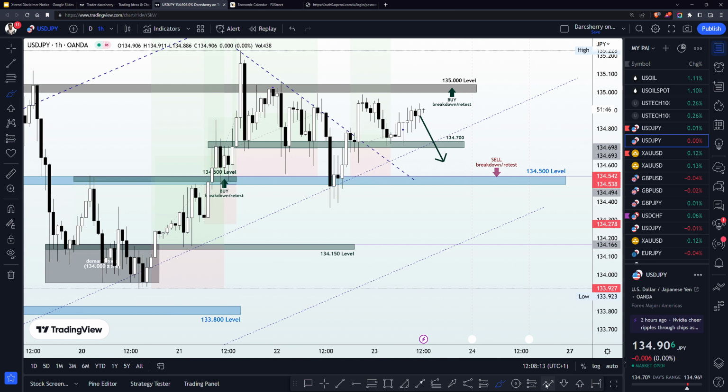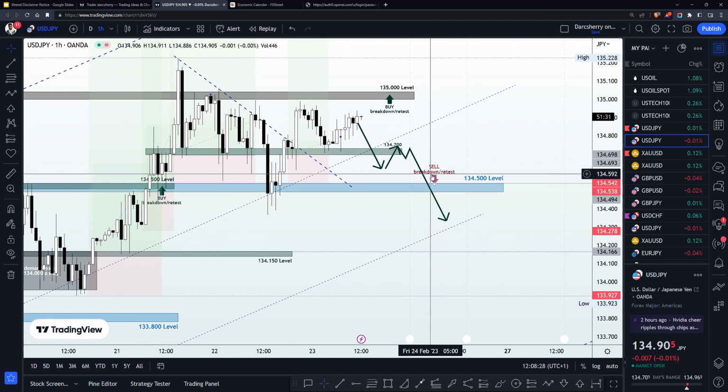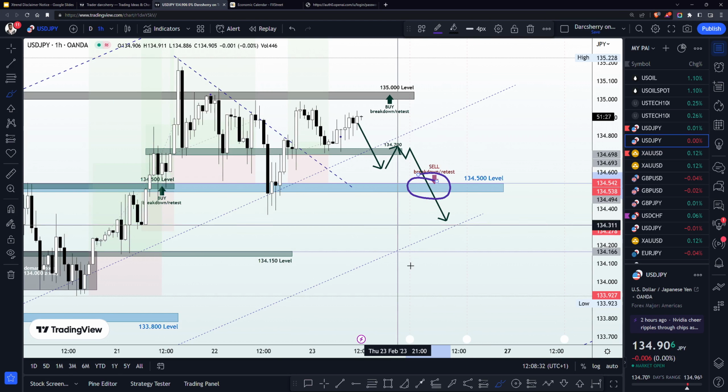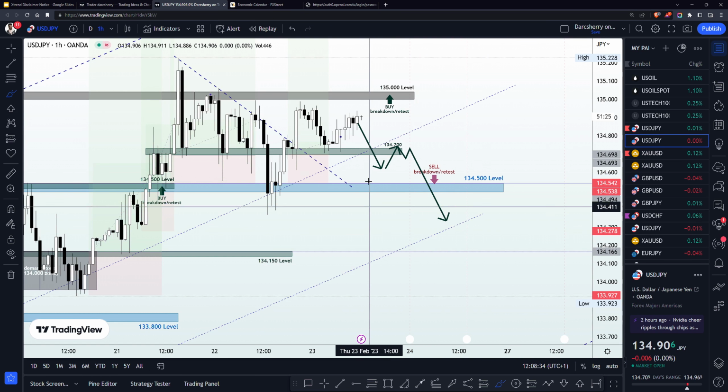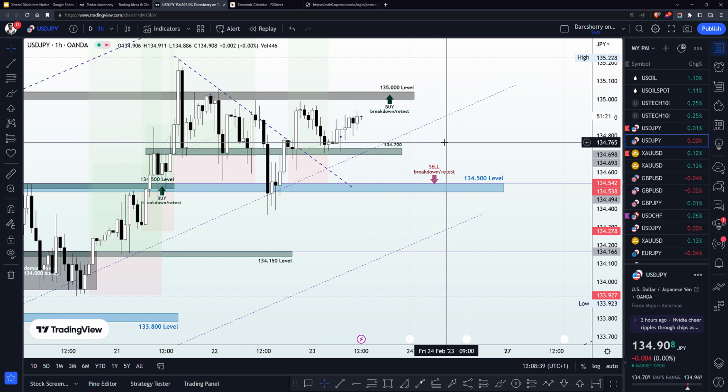We want to remain patient here and wait out for further confirmations, which is likely going to come in the form of a retest of that structure. And if we scale down to our lower time frame, selling pressure around this area will welcome additional position, and a further breakdown of the 134.500 level will welcome additional position as well. So this is what we are looking forward to on the USDJPY.